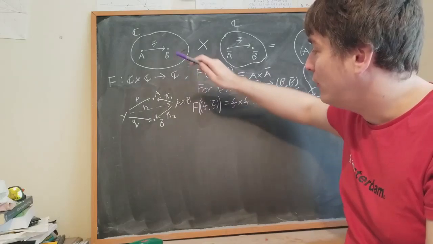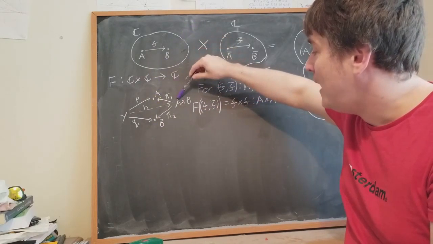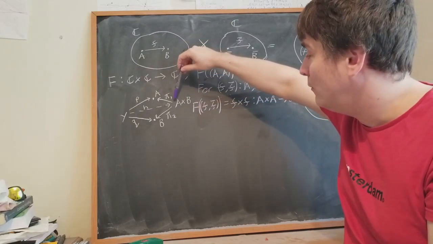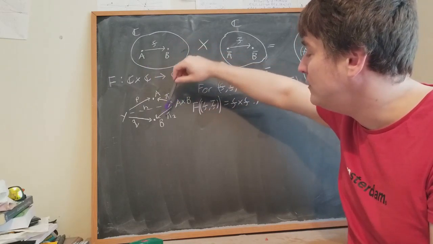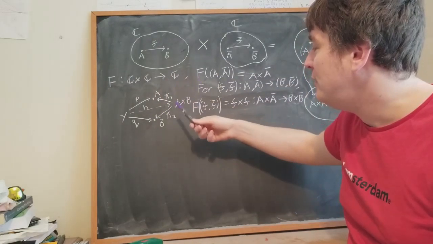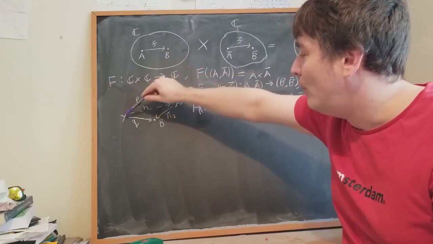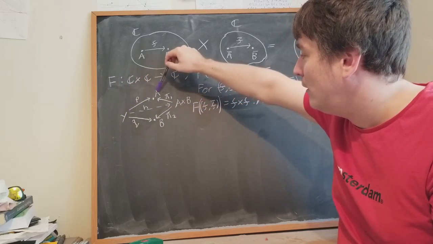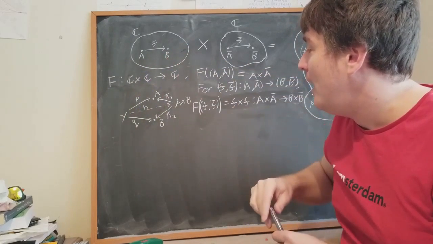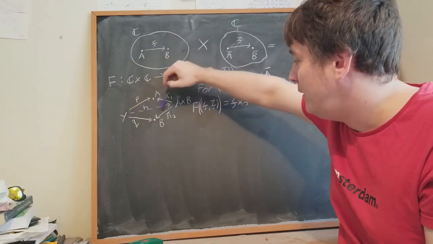Recall that the categorical product of a pair of objects A and B is another object which we call A times B, together with some arrows, one called pi1 which goes to A and one called pi2 which goes to B. We often call those arrows projections, and it has the property that for any other object Y which has arrows P into A and Q into B, there exists a unique arrow H which has the property that this diagram commutes.